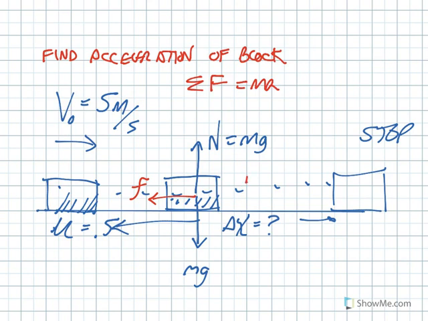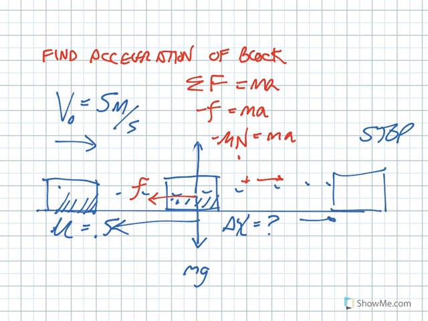If this direction is positive, then the net force acting on this thing is minus F. But we just said friction is equal to mu times N. So minus mu N equals ma.